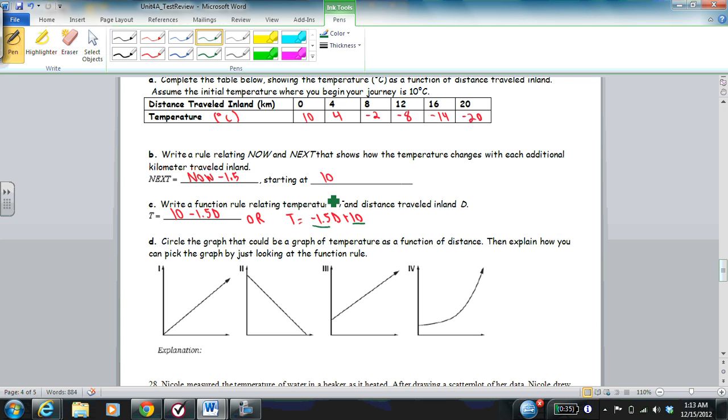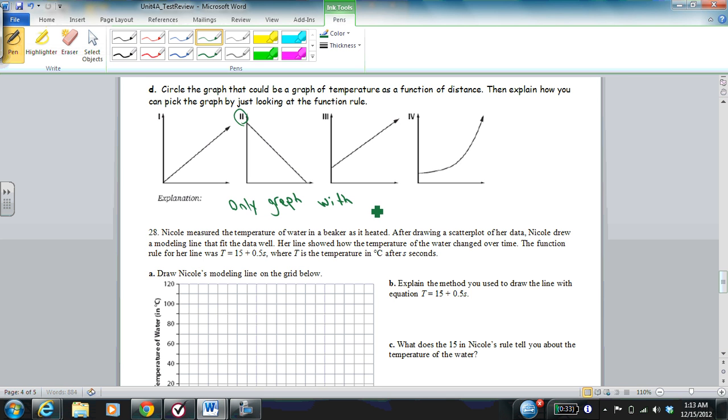Now the graph that represents this situation is going to have to be graph 2, because it is the only graph with a negative slope. So that is number 27.